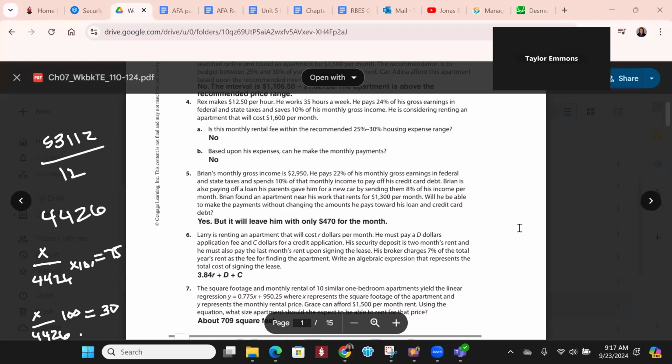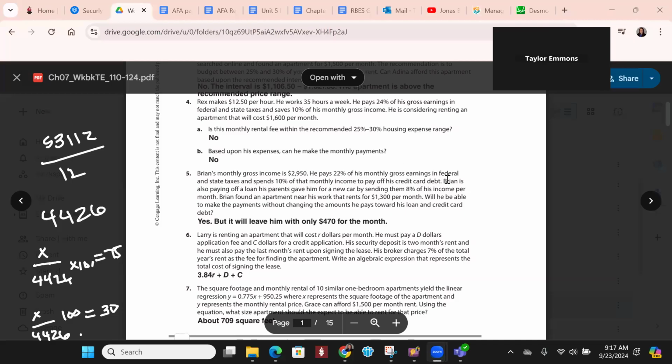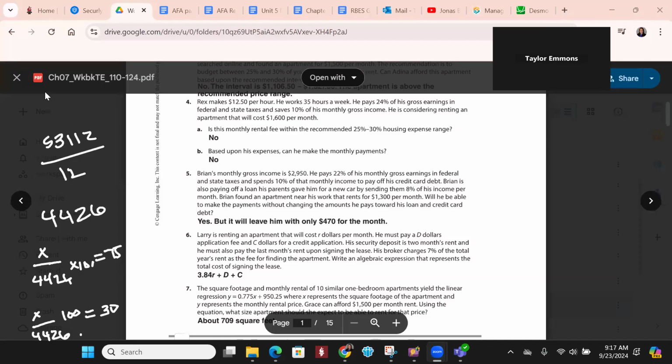Is $2,950. He pays 22% of his monthly gross earnings in federal and state taxes and spends 10% of that monthly income to pay off his credit card. So really quick, we have 2,950. What's 22% of that? $2,950 times 0.22.